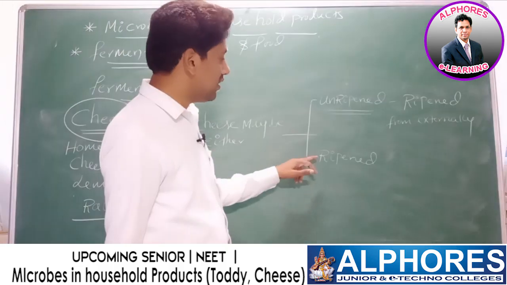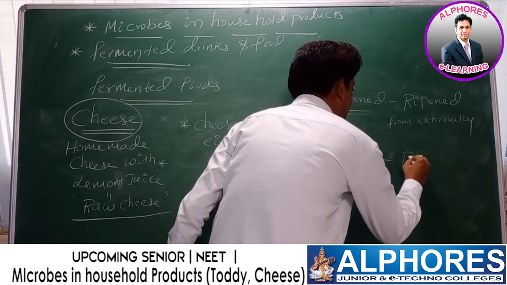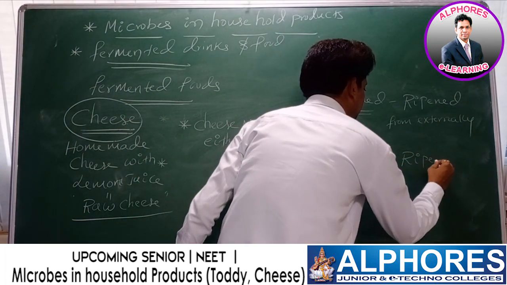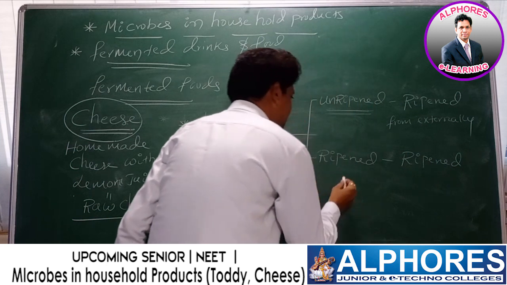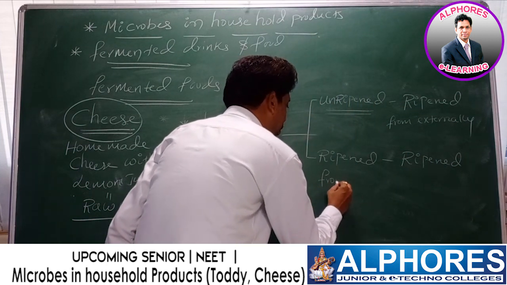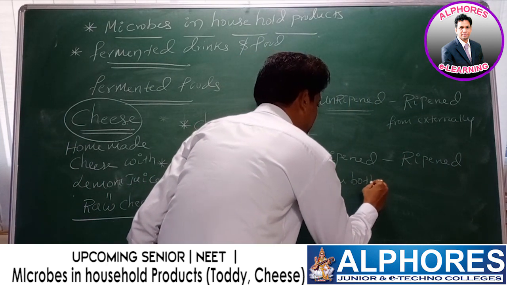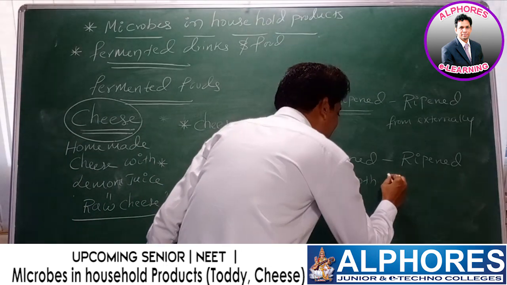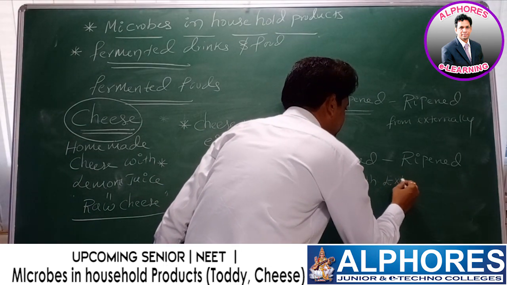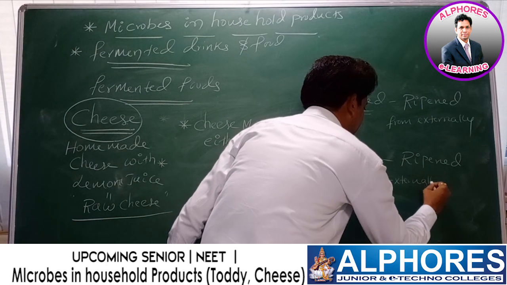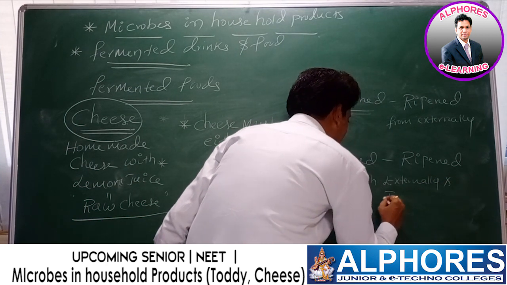Unripened cheese. Whereas ripened cheese is ripened both externally and internally.